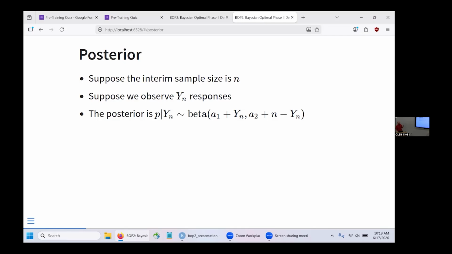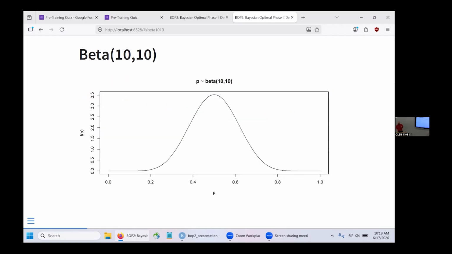You don't need to know immediately what that means. This is very abstract, so I can show you an image to try and convey what this implies. Here's a beta distribution with parameters 10 and 10. I've increased the parameters by quite a bit relative to the images I was showing you previously, and you can see that we have this more peaked distribution.